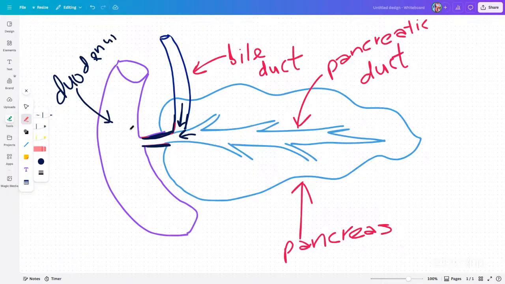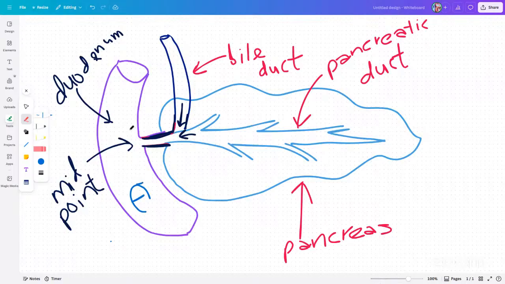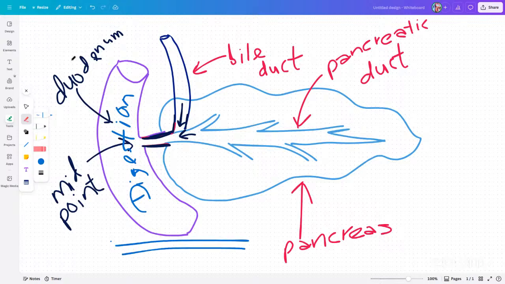I forgot to label this. It opens into the duodenum, and you can see where it's opening: at the midpoint of the duodenum, at the center. This is the place where digestion occurs, and the duodenum is the initial part of the small intestine. I'm just going to draw like this. Imagine this is the small intestine.